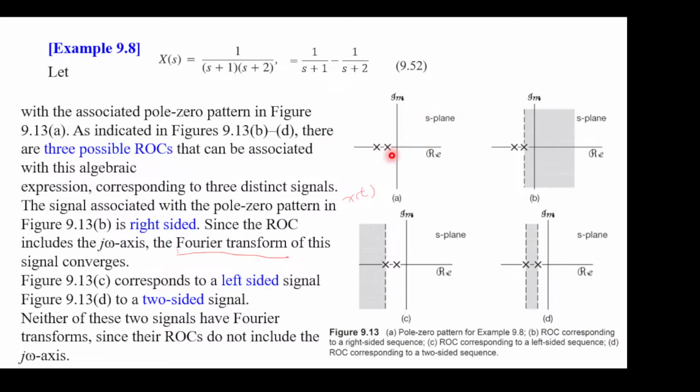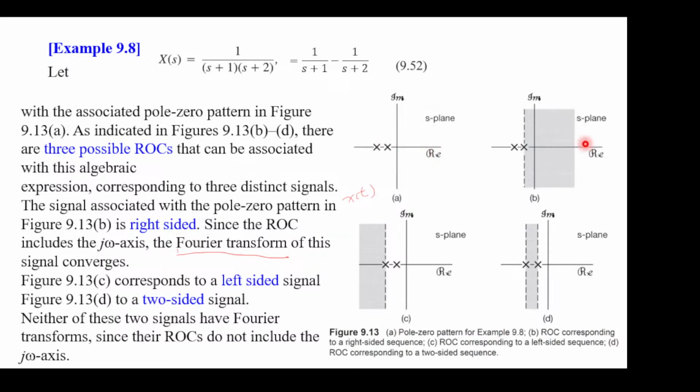For example, if you have two poles, then you get three strips. Sometimes you will have the same sigma, but usually if you have n poles, you get n plus one strips. And so your ROC can be those strips that are separated by the poles.